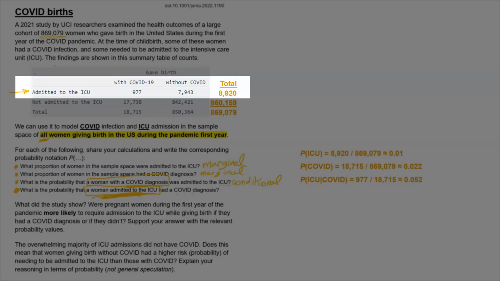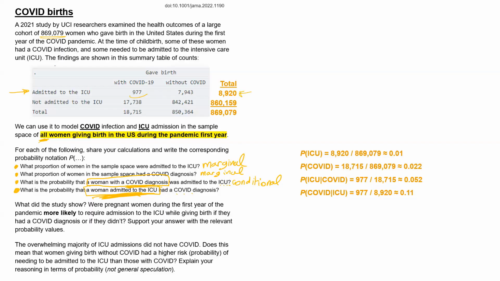And within that top row, what we want to know is what is the probability that such a woman would have had a COVID diagnosis. So that would be the 977 divided by the total for that row, 8,920. That's 0.11, so about 11%. This is the conditional probability of COVID given ICU.